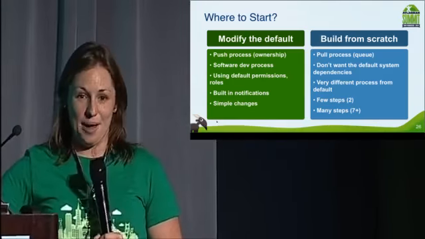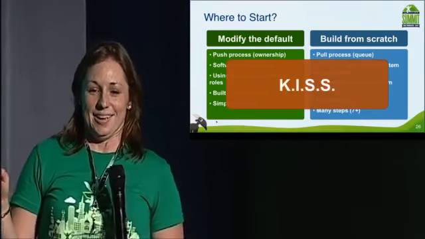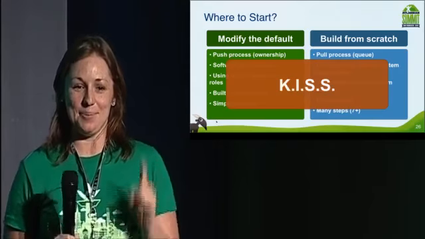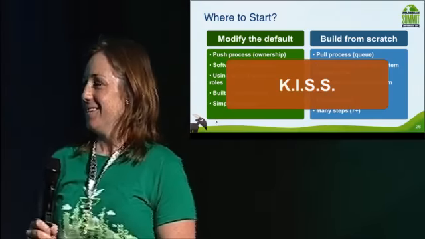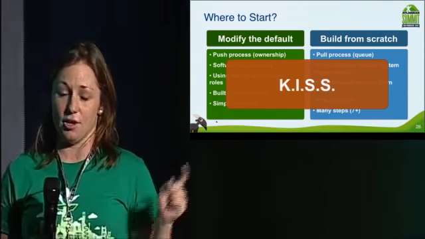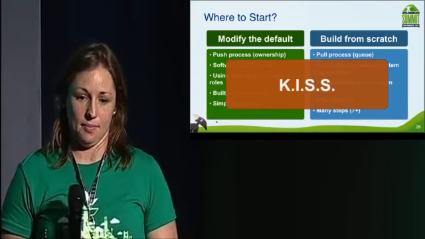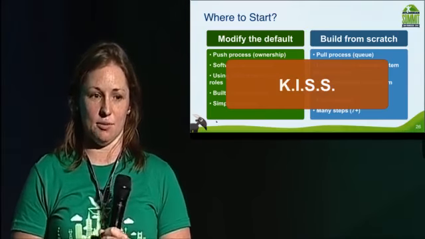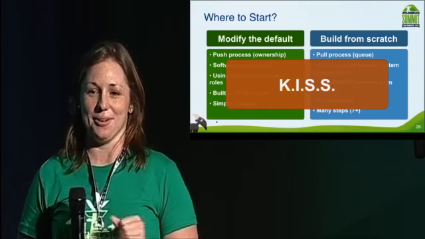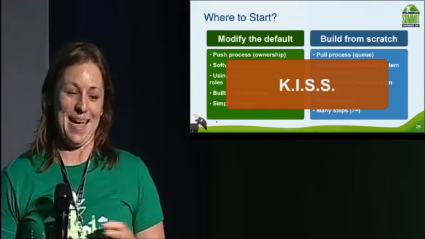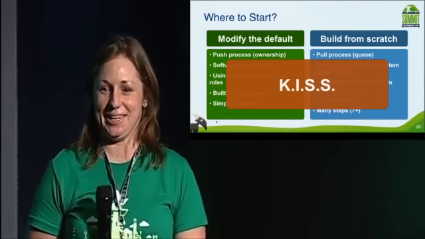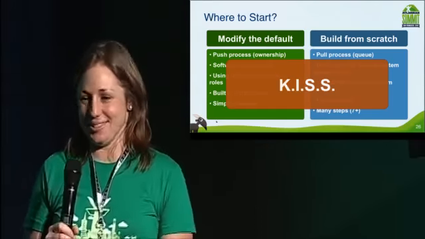But no matter what you do, if you've heard this before, keep it simple, stupid. You want people to want to use this system. If you have 7 steps where they could use 4, they don't want to use the system. I actually had a conversation with someone who started out with 77 steps before they built their workflow, and they managed to get it down to, I want to say 35, which was impressive, but that's not where you want to start.